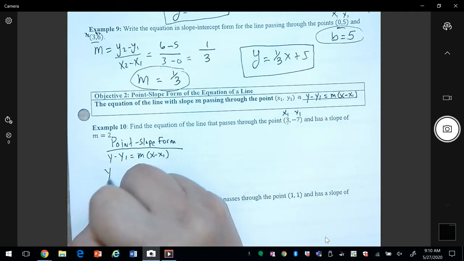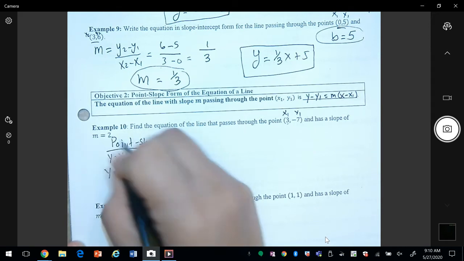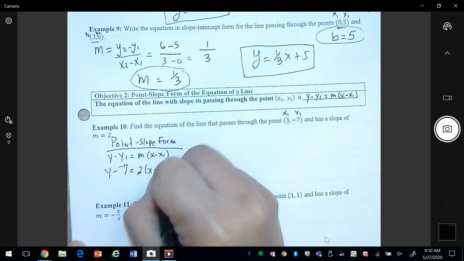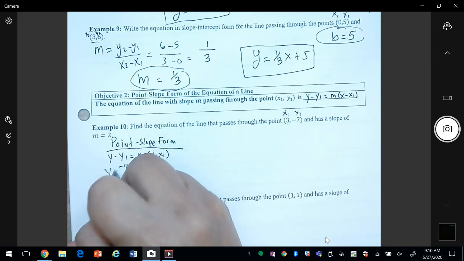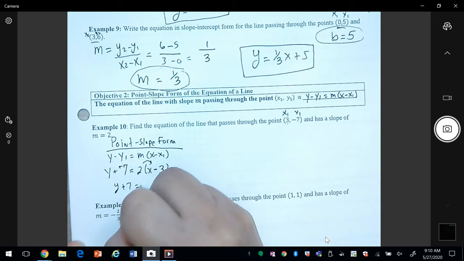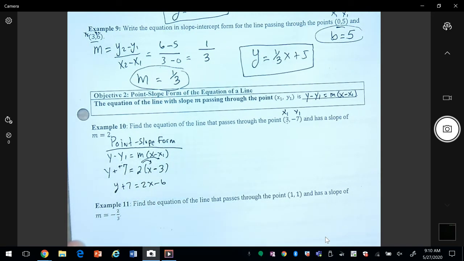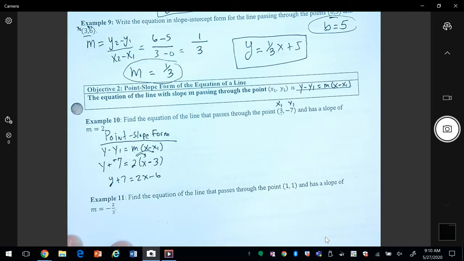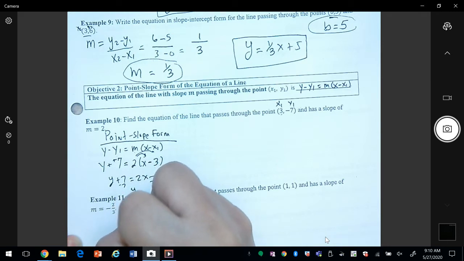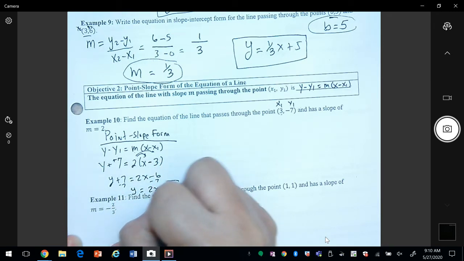So I'm going to substitute the y1, which is -7, my slope, which is 2, and my x1, which is 3. Negative, negative is positive. Distribute the 2 inside, so we get 2x minus 6. And we're going to solve for y. So subtract 7. So we get y is equal to 2x minus 13.